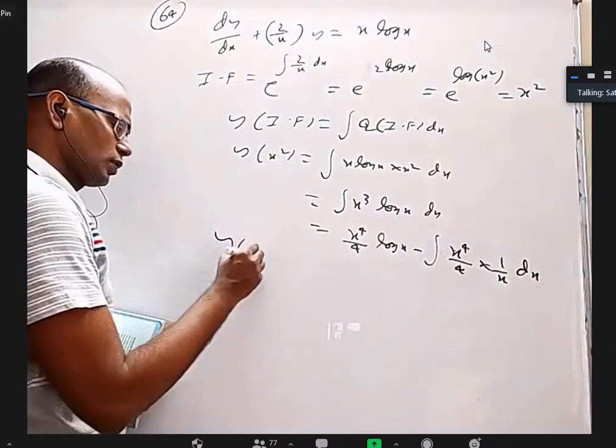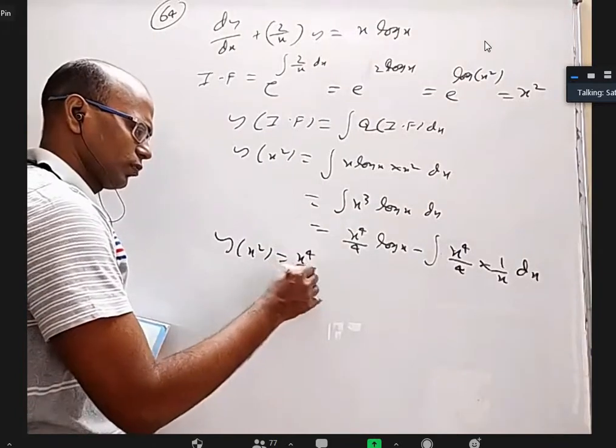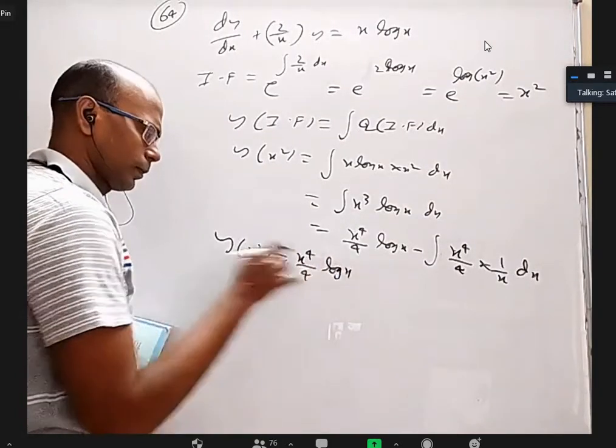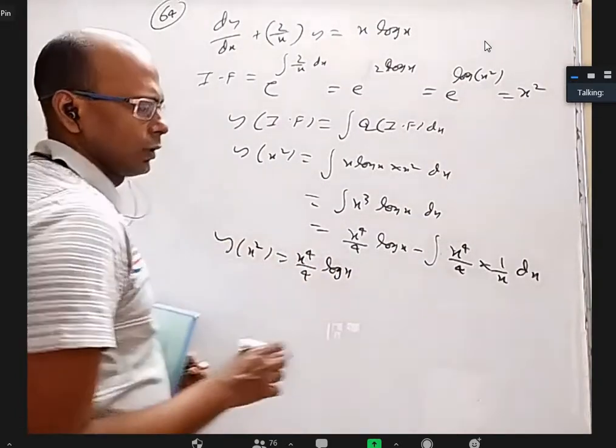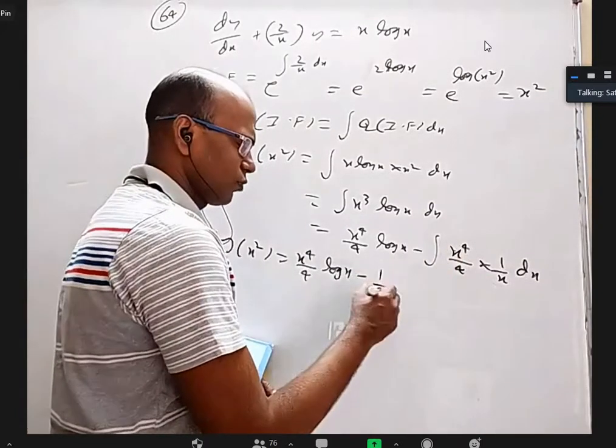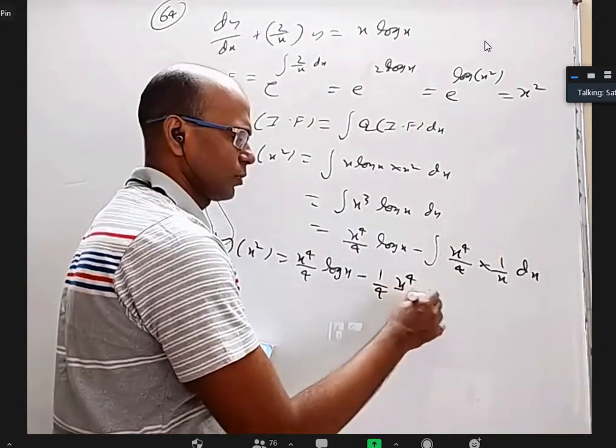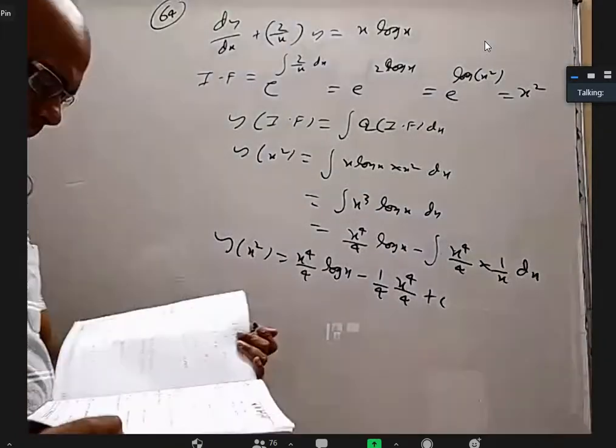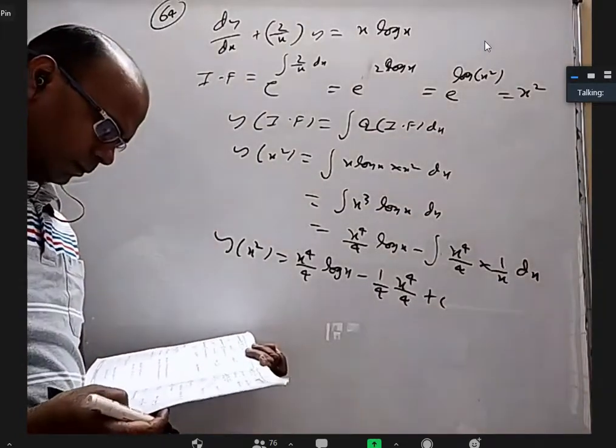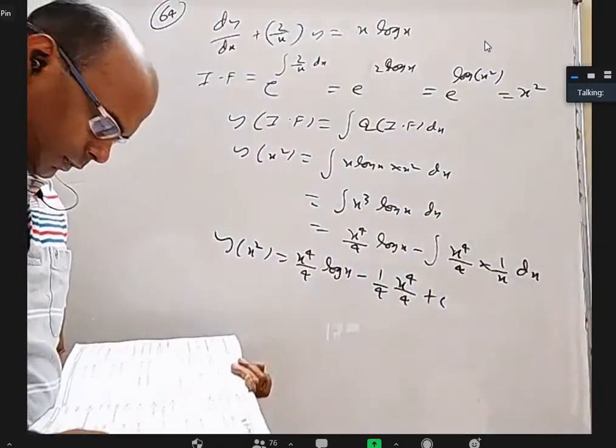So y into x square is equal to x power 4 by 4 log x minus 1/4 of x cube, whose integral is again x power 4 by 4, plus c. That's it.